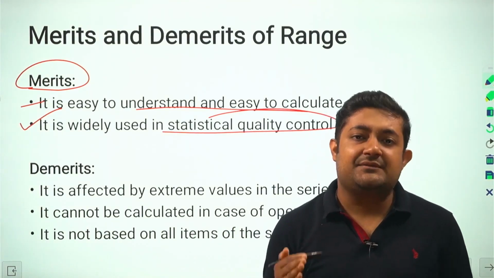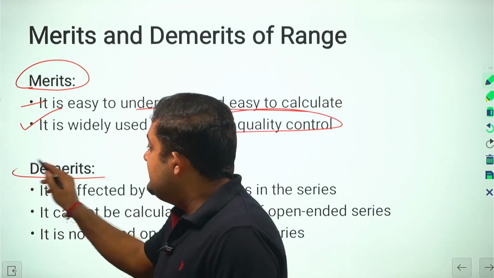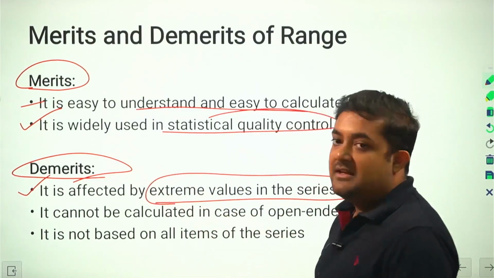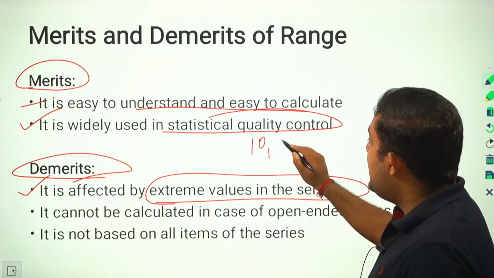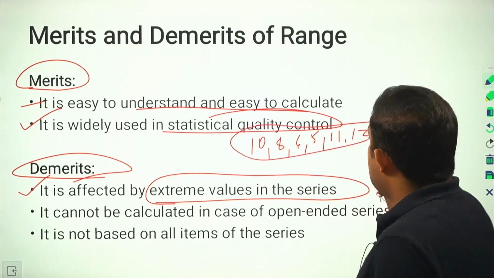This is extensively used in statistical quality control. Acha, now what are the demerits? It is affected by extreme values in the series. এতিয়া মই যদি কও 10, 8, 6, 5, 11, 12, ইয়াৰে range টো লোৱা.